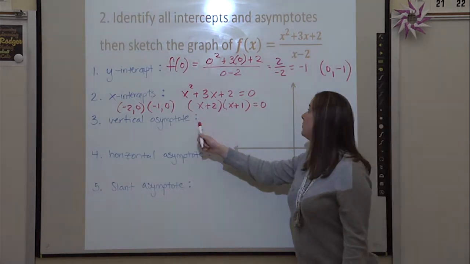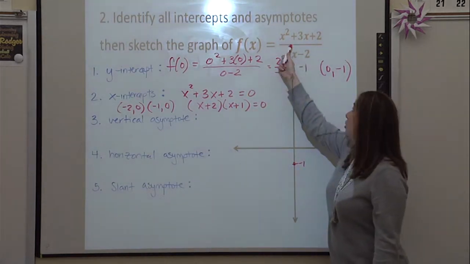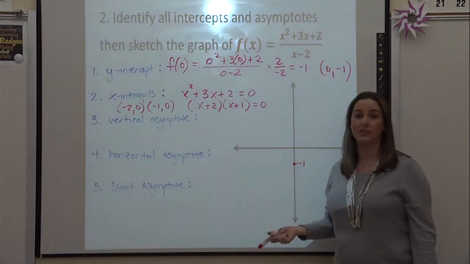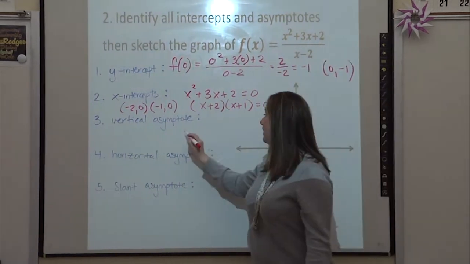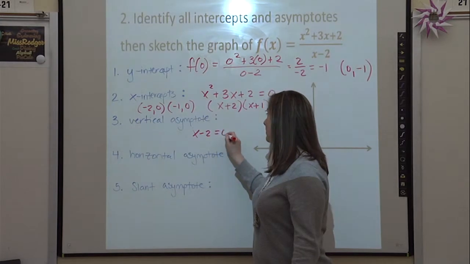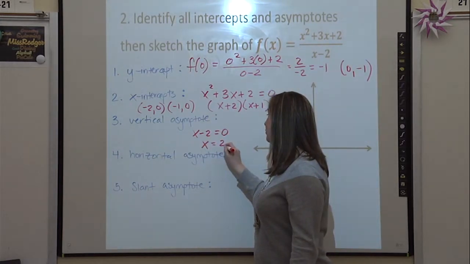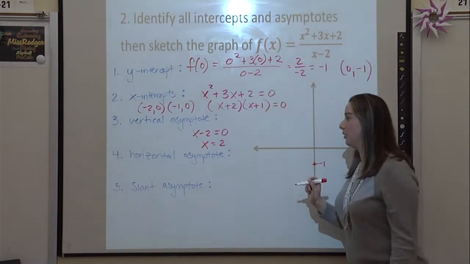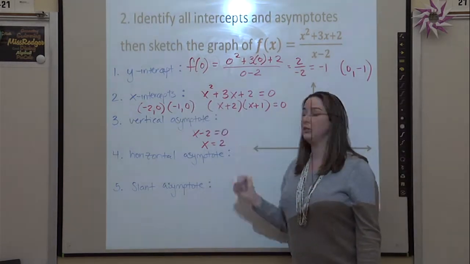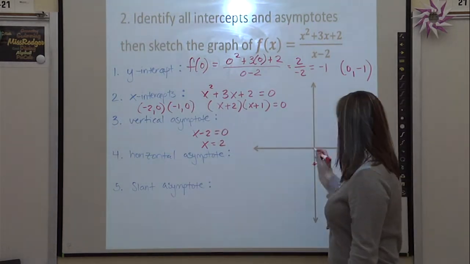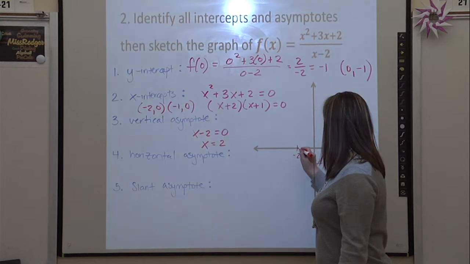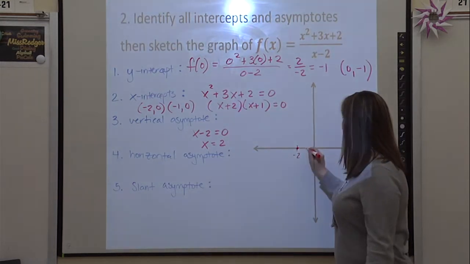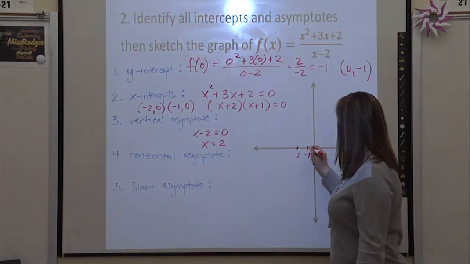My vertical asymptote is when I take my denominator and see where this is going to equal 0. So I can take x minus 2, set this equal to 0, and x equals 2 is my vertical asymptote. Before we move on, I might as well plot my x-intercepts: -2, 0, and -1, 0.